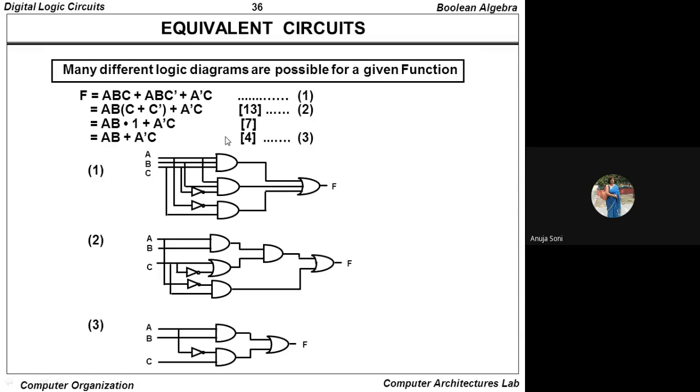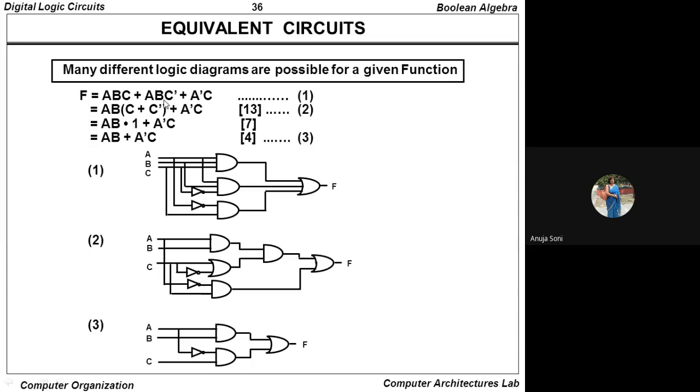Again, different versions of these Boolean expressions are there, and they use different kinds of logic gates for the same Boolean expression. One is the simplified version, another is a further simplified version, and all produce the same functionality. Initially we begin with f.